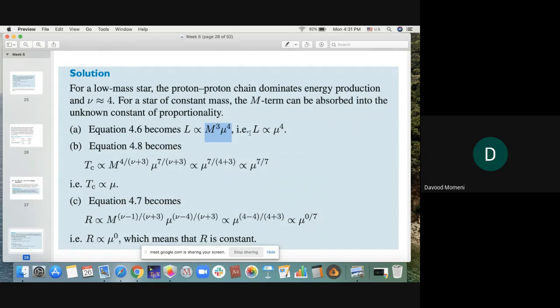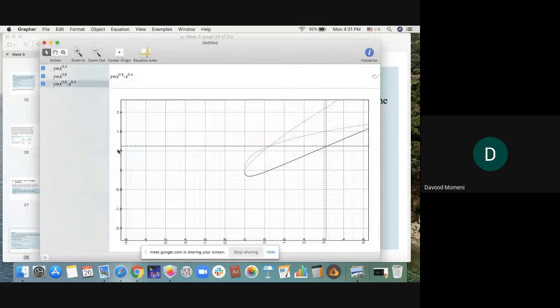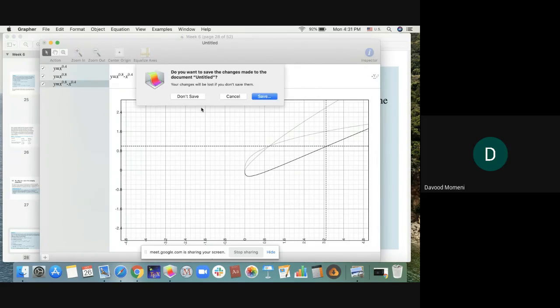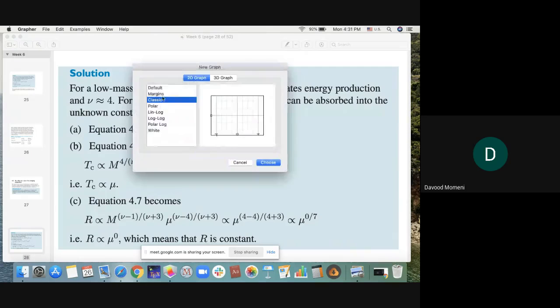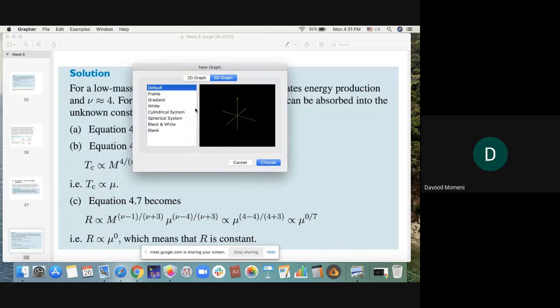And if you fix the mass, it will be proportional to mu^4. I want to do one thing: let's go see the three-dimensional plots, which are very interesting and will help us very much.